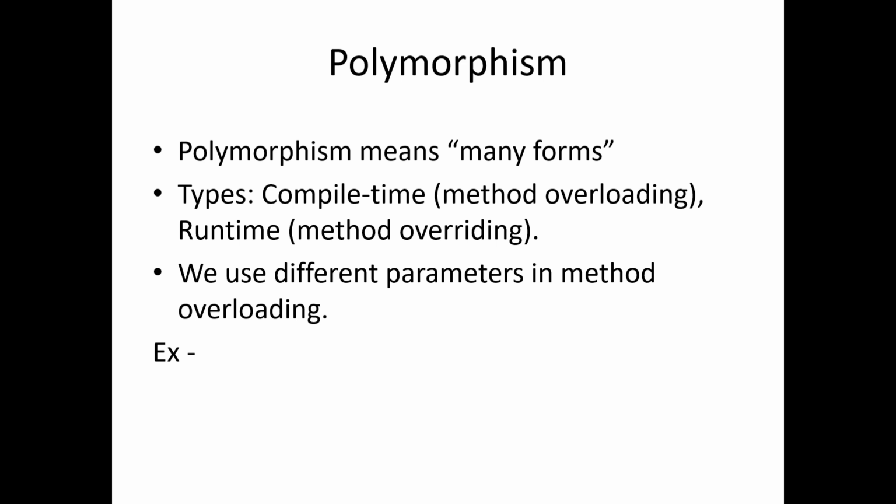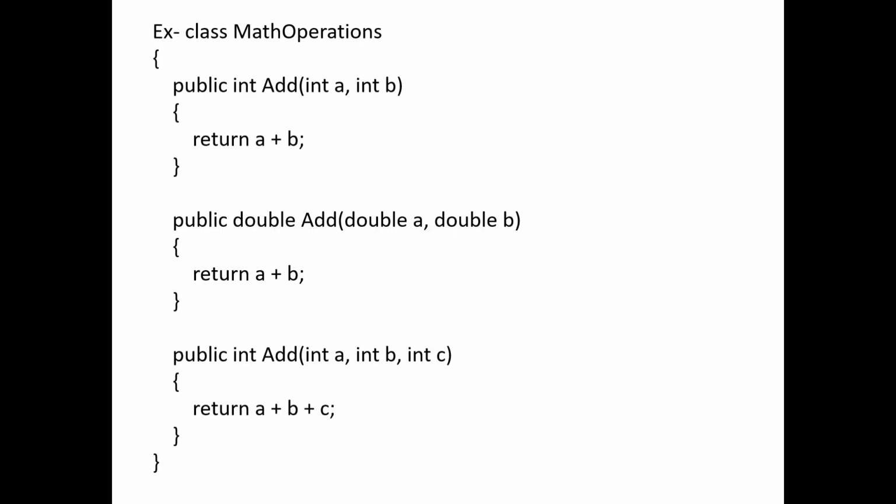For example, we have made a class named MathOperations, and we have three functions in it. All these functions are named add, but the parameters of these functions are different. In the first one, the parameters are two, a and b, with data type int.